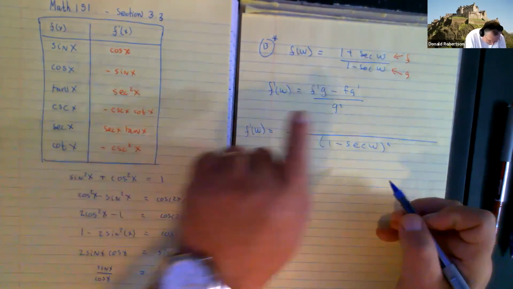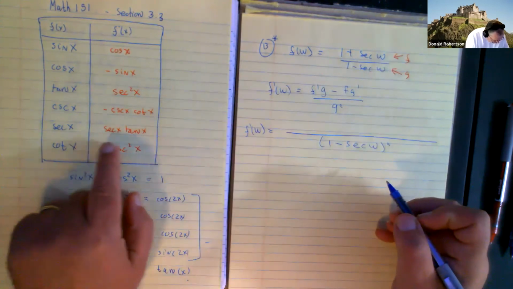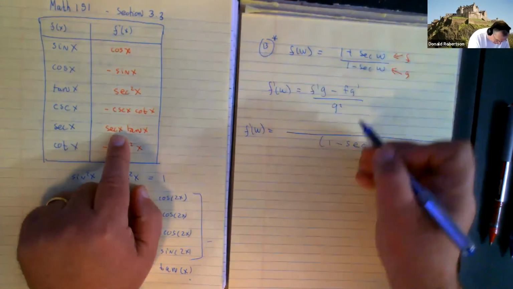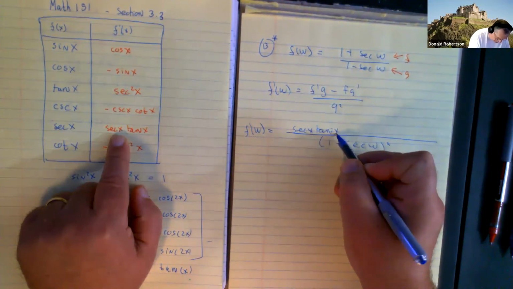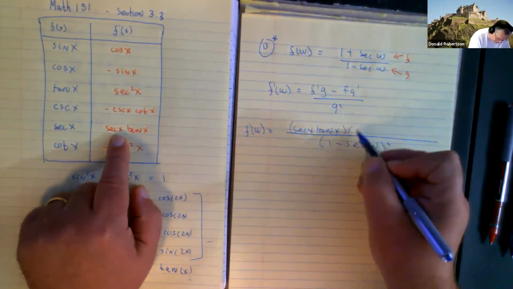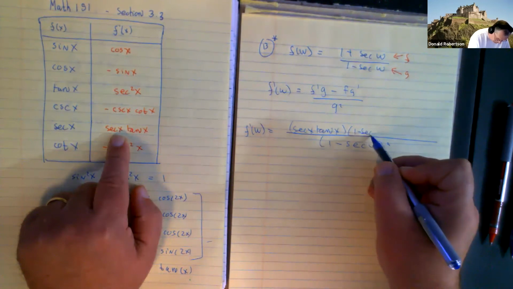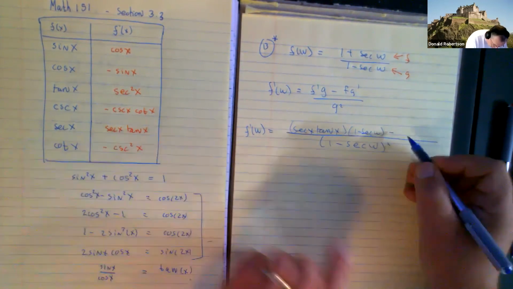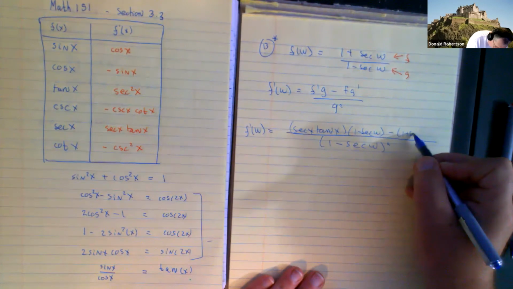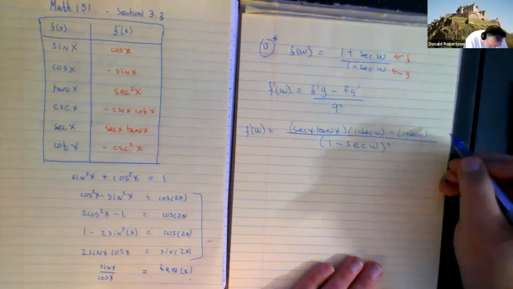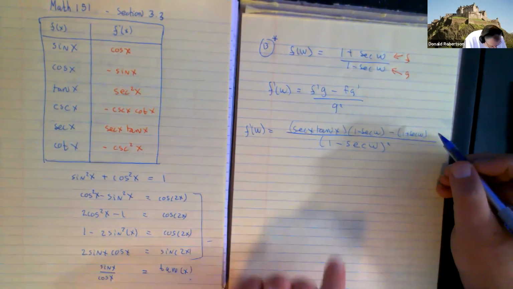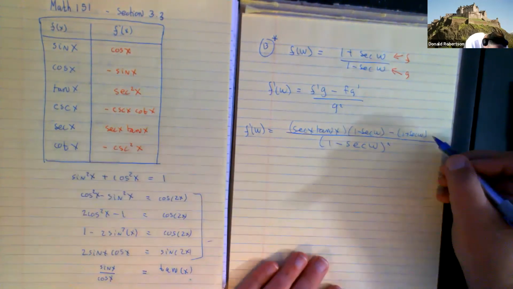Okay, if you differentiate 1 plus secant, you get nothing, and then you get a secant tan. And then you leave this guy alone. Take away, you leave the top alone. And if you differentiate this guy, you get a negative secant tan.